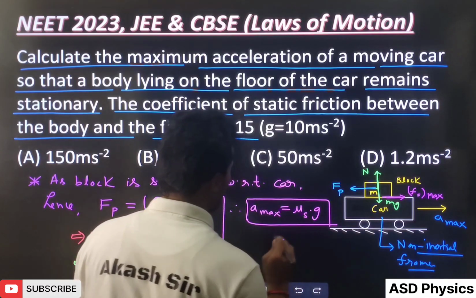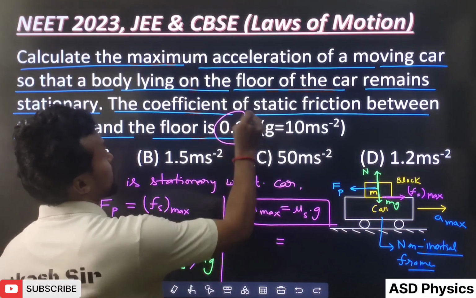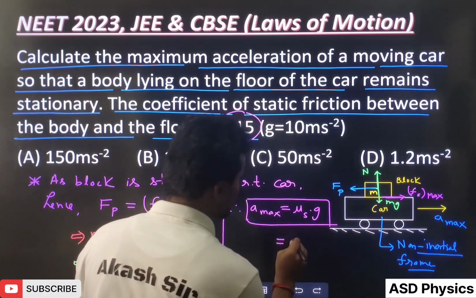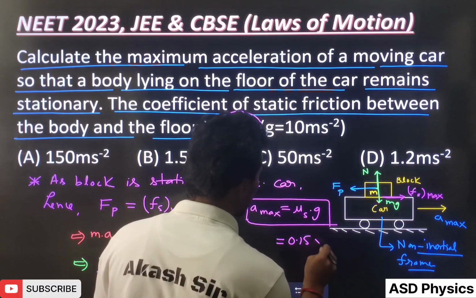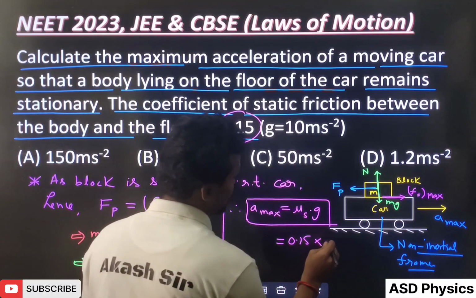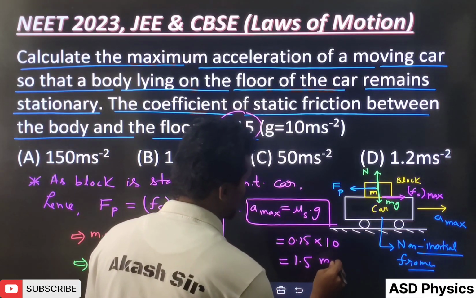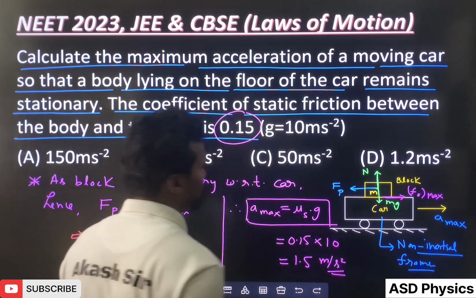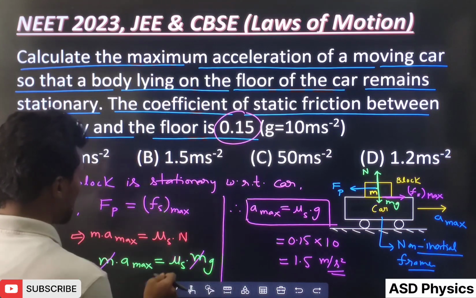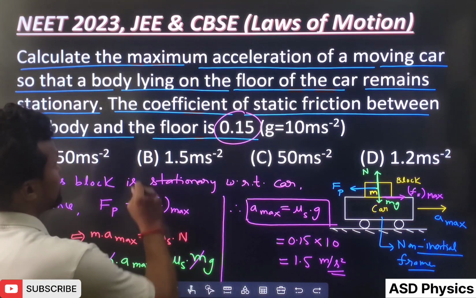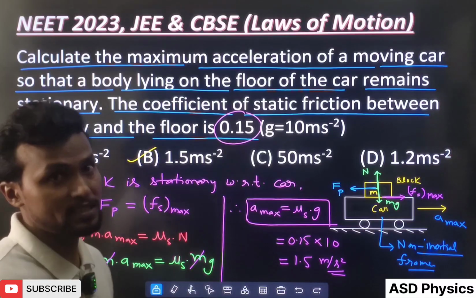The value of mu s is 0.15, a dimensionless, unitless quantity, and the g value given here is 10. So 0.15 into 10 comes to 1.5 meter per second square. Which option is correct here? The correct option is option B.